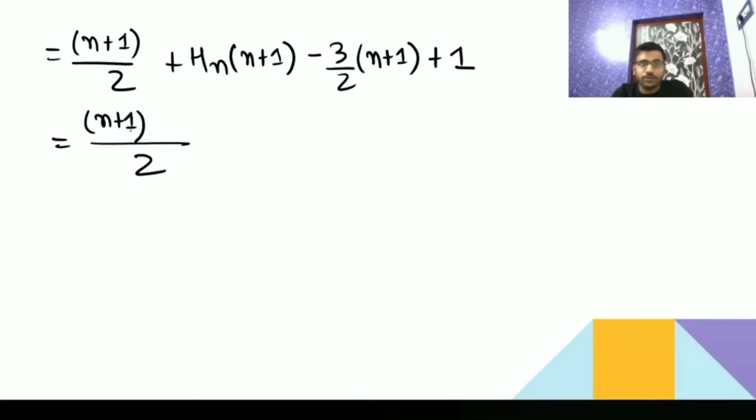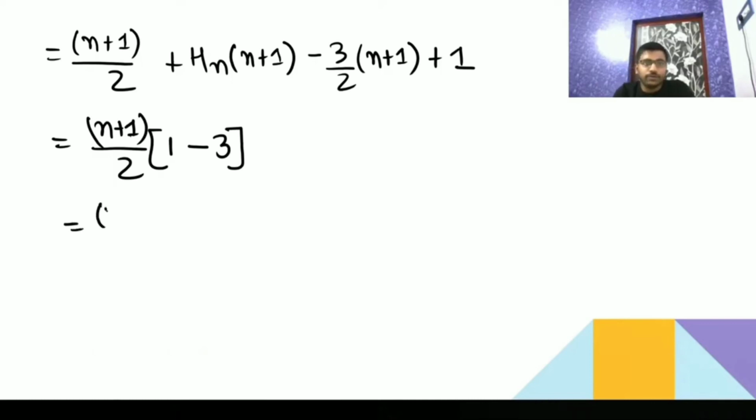take (n+1)/2 as common. Take (n+1)/2 as common. Okay, then it will be 1 minus, you are going to get (n+1)/2 minus 2.